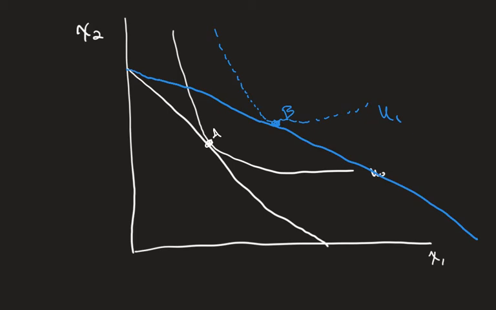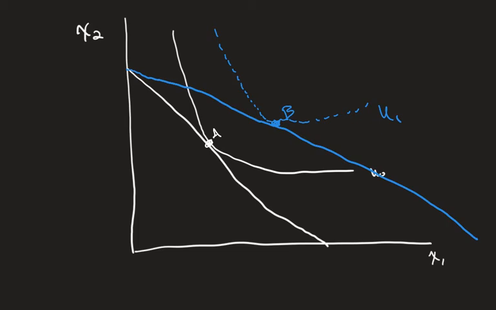We now need to develop some language and machinery to talk about the effects of that price change, because there are two things that happen with a price change. On the one hand, you used to consume some of good 1, its price has fallen, so you can afford to buy more things. You feel richer. That's the income effect.